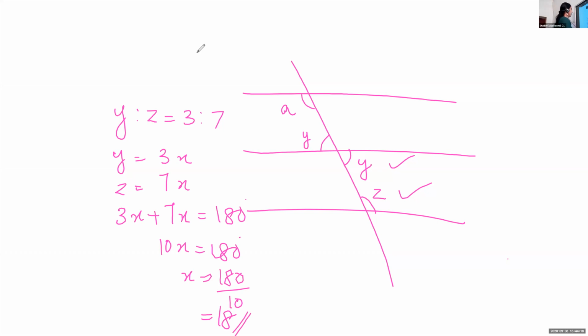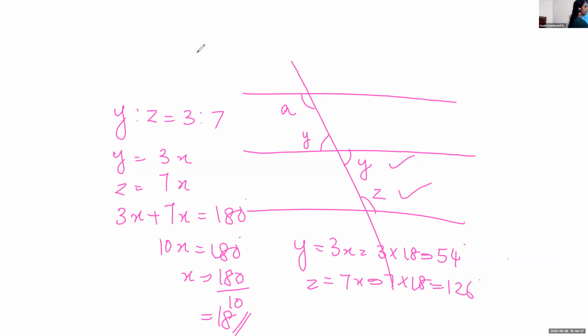Now you can find Y and Z. Y equal to 3X equal to 3 into 18 equal to 54. And Z equal to 7X equal to 7 into 18 equal to 126. You got Y and Z.